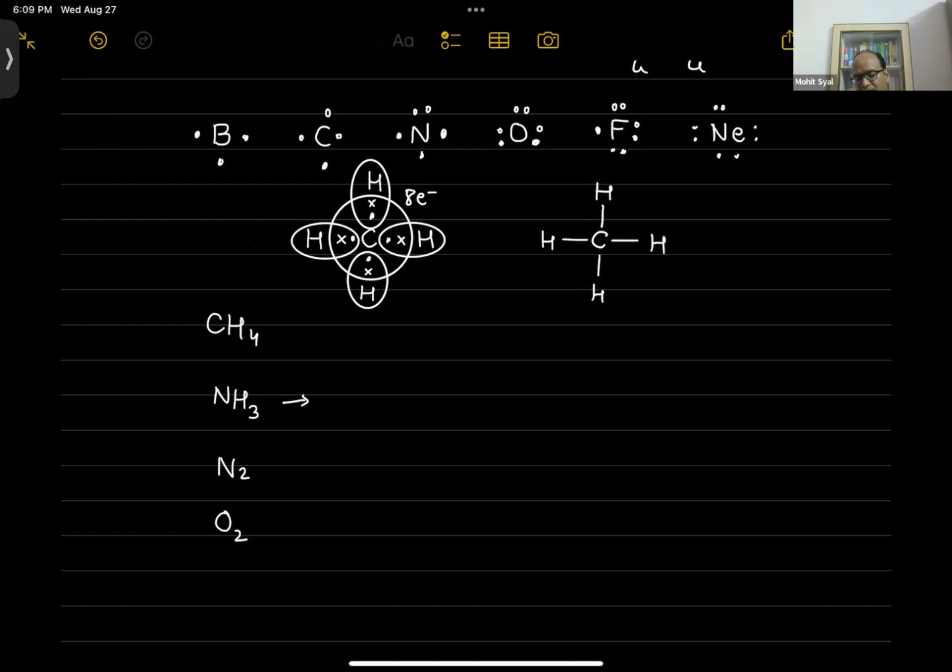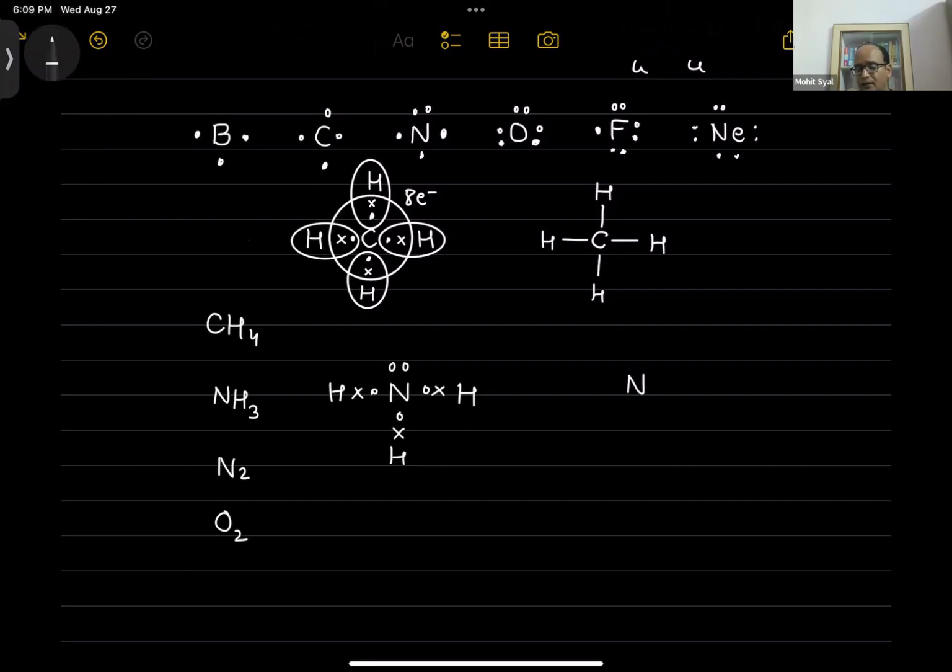So let's see it in the form of a Lewis dot structure. Nitrogen has 5 valence electrons, and out of these I need to share 3. Those 3 electrons became 6 and 2 were unshared. This unshared pair of electrons is known as a lone pair.